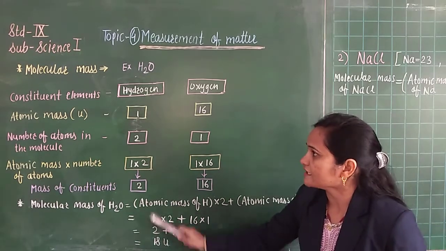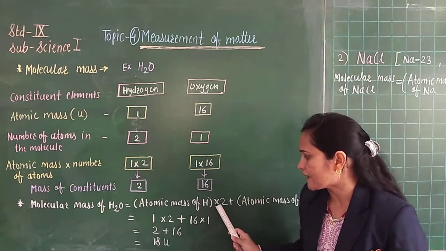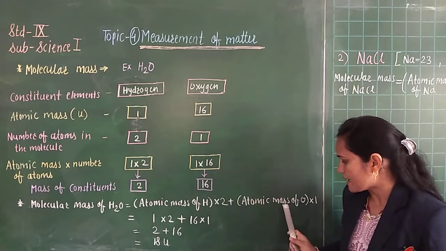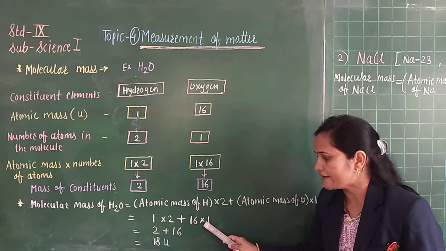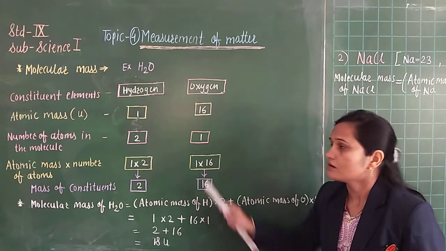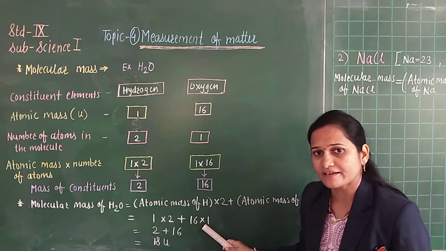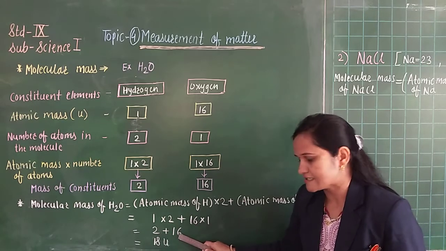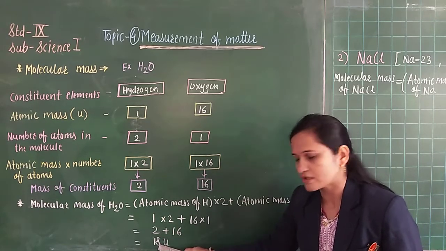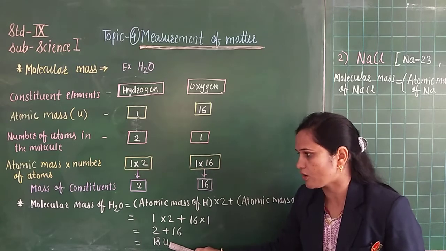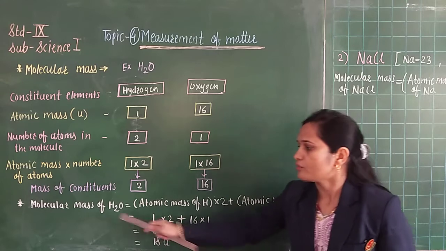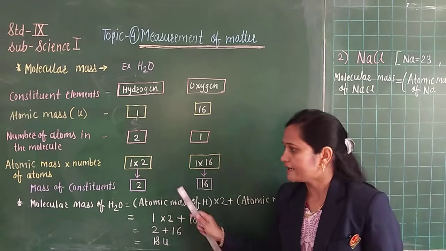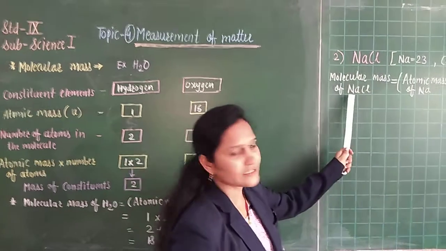The atomic mass of hydrogen is 1, and 2 atoms are there, so 1 into 2, plus the atomic mass of oxygen, 16, but only 1 atom is present in H2O, so 16 into 1. 2 ones are 2, 16 ones are 16, and 2 plus 16 total is 18 U. It is the unit of the molecular mass. So the molecular mass of H2O is 18 U.